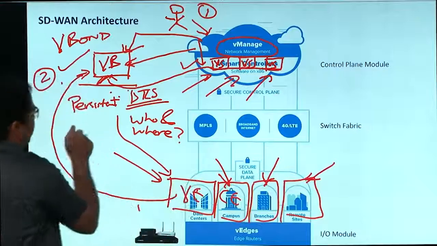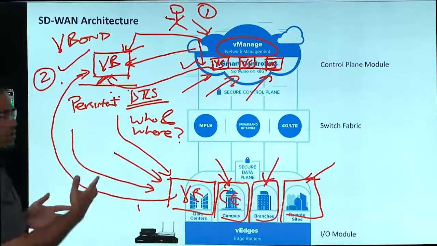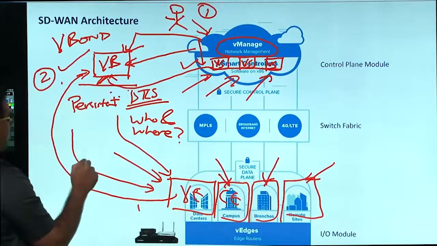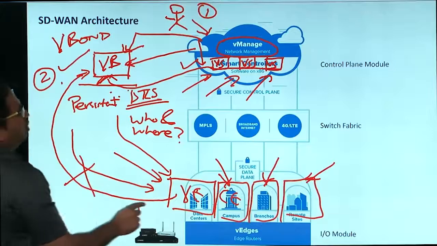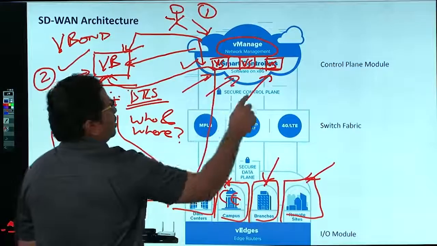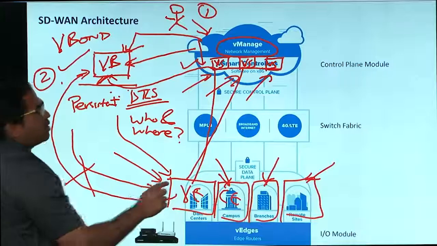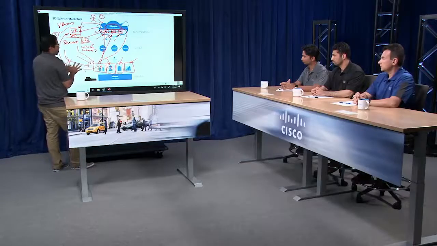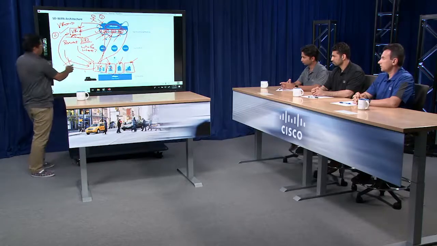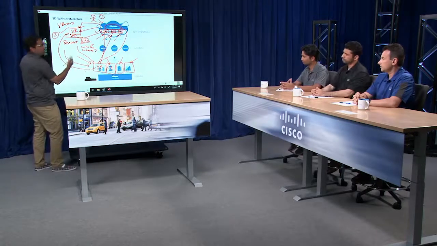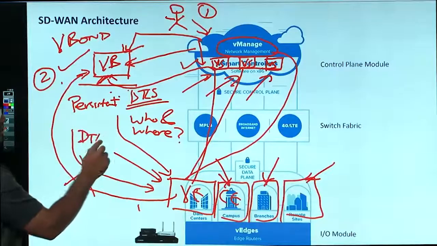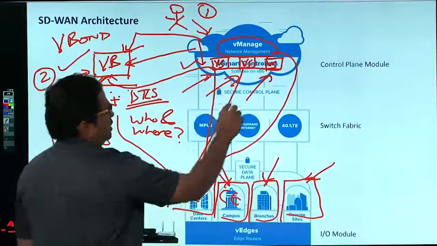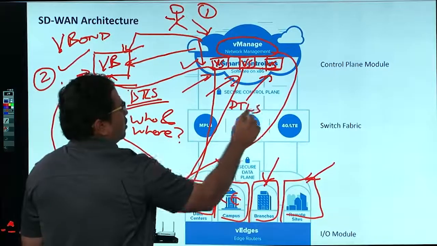Once the vEdge grabs this information from the vBond, it no longer needs a persistent connection to the vBond. It tears this down and proceeds to connect to a subset of the controllers and the NMS platform. So far, so good. Again, the connection between the edge and the vBond is using DTLS. The connection between the edge and the controllers could be either DTLS or TLS.